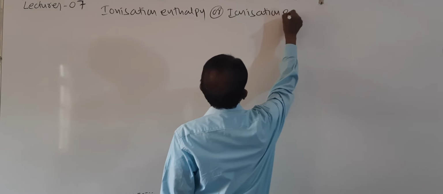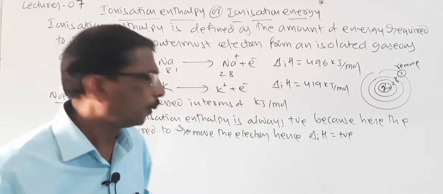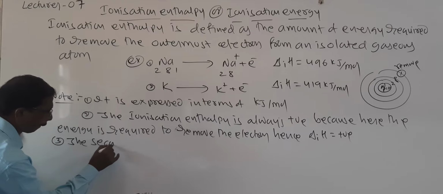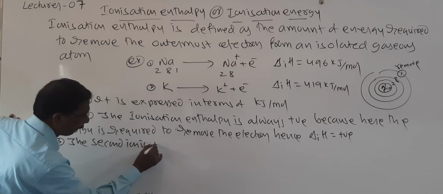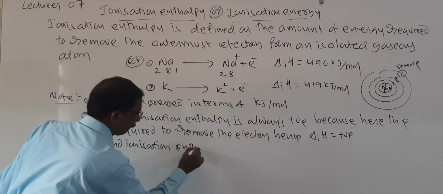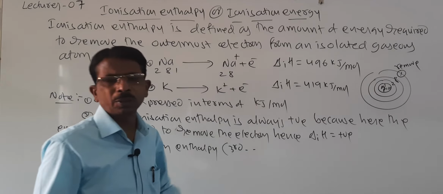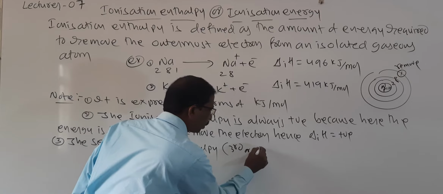And remember students, if you want to remove another electron out of the 8 electrons, the second ionization enthalpy is very high, because it is very difficult to remove an electron from the positive ion or cation.